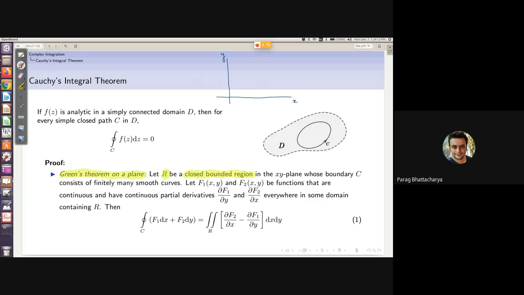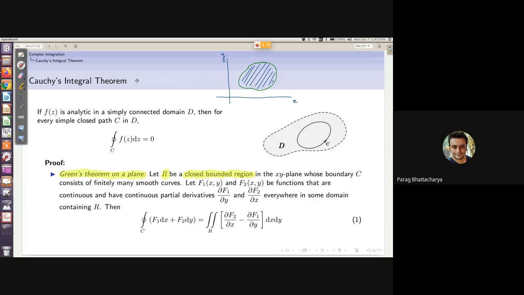What do you mean by closed bounded region? We have a region which is something like this. This is one region which lies in the xy plane, and it is closed and bounded.